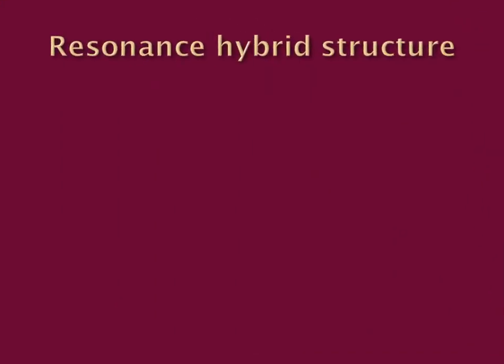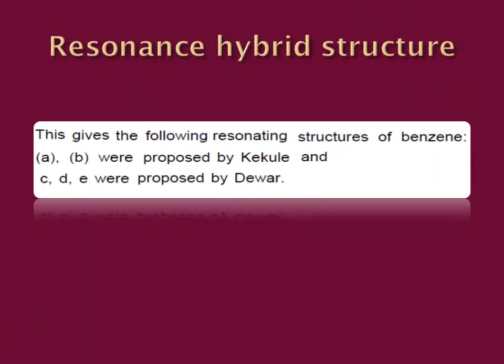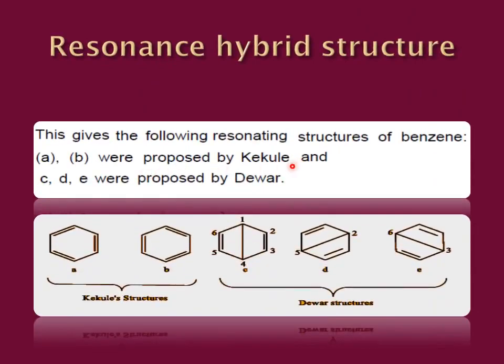Now students, the stability of the molecule increases with the increase in the number of resonance structures. Thus a molecule of benzene is chemically quite stable because it has these 5 contributing structures.